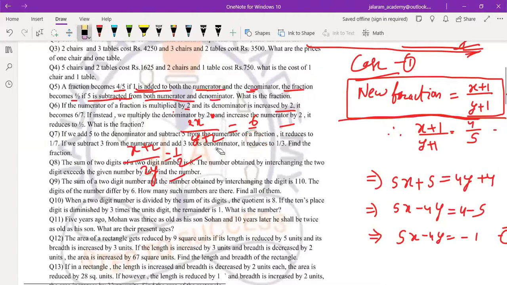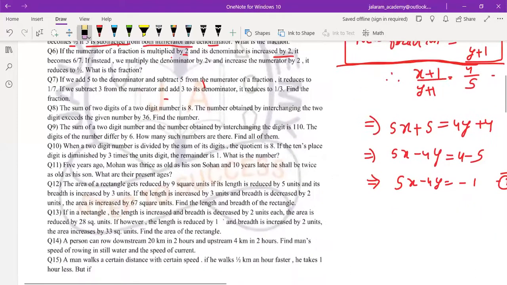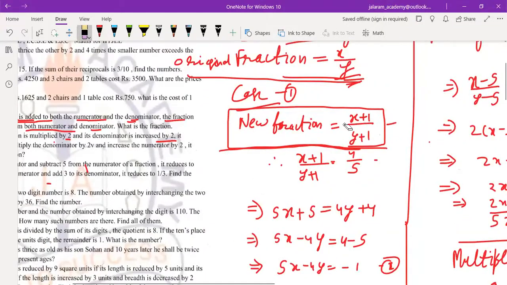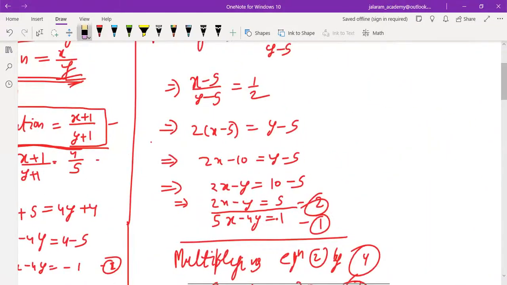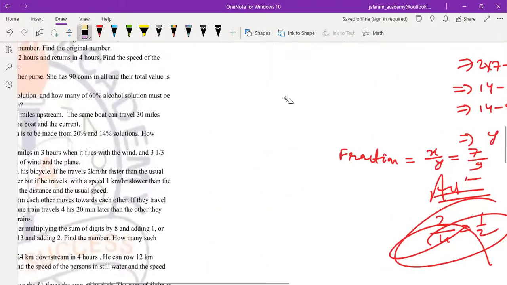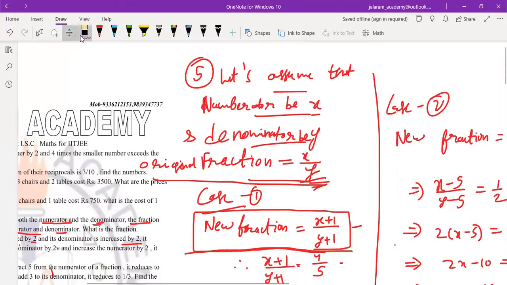Similarly, we can solve the questions involving 2 digits also. In the questions involving 2 digits, what should we do? So look at the method for the questions in which 2-digit numbers are involved, and you have to follow the instructions which I am telling you to solve these types of questions.